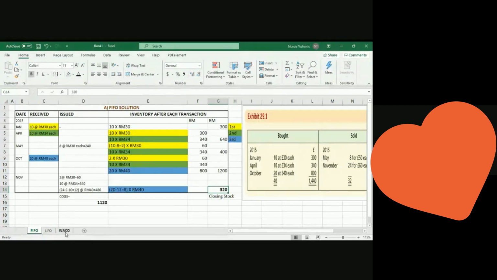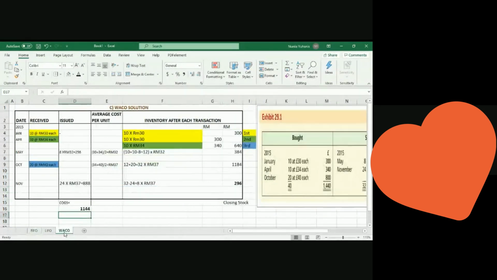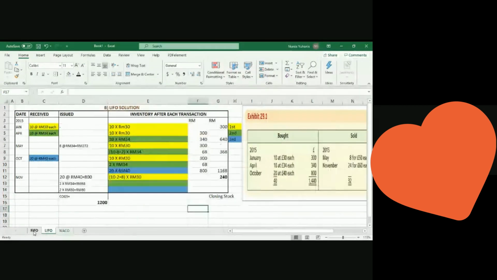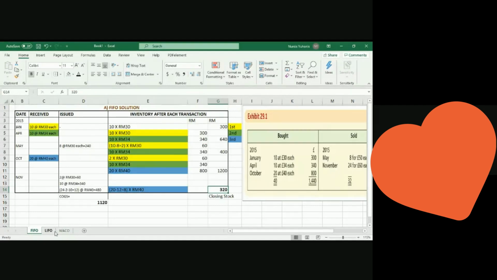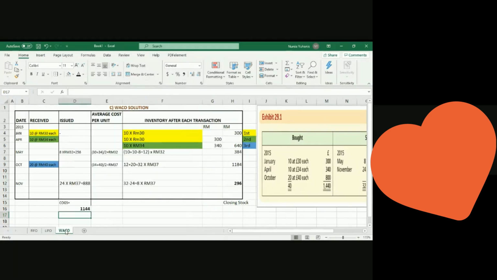But if you use the average, you will get something in between, 296. The answer will be between FIFO and LIFO. What about the cost of goods sold? For the FIFO method, the cost of goods sold is 1,120, and for the LIFO method it is 1,200. For the weighted average, the answer will be in between.